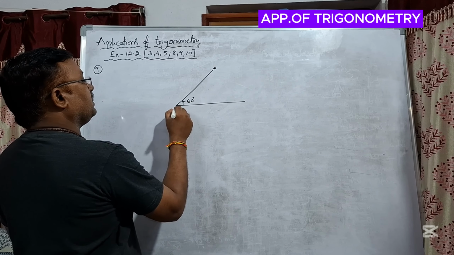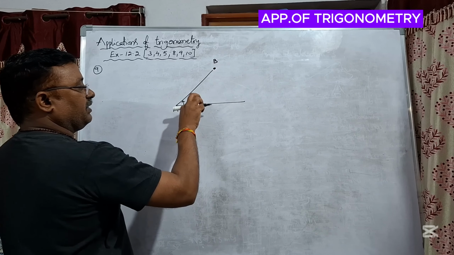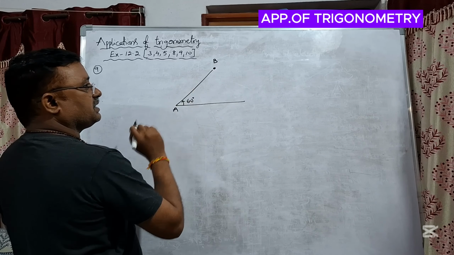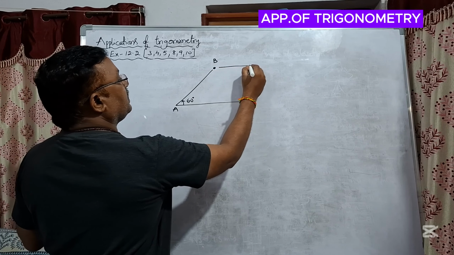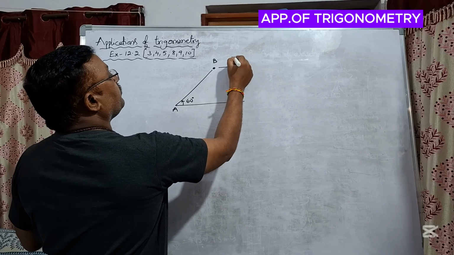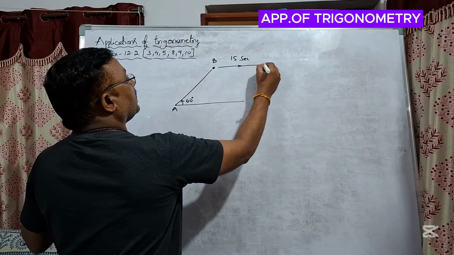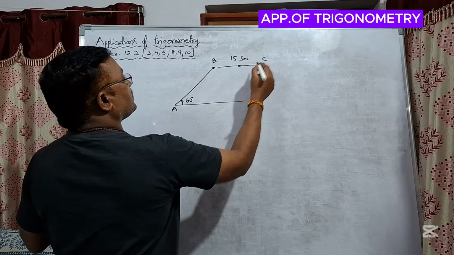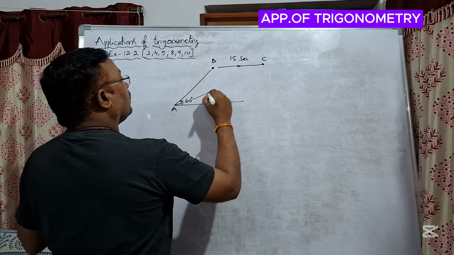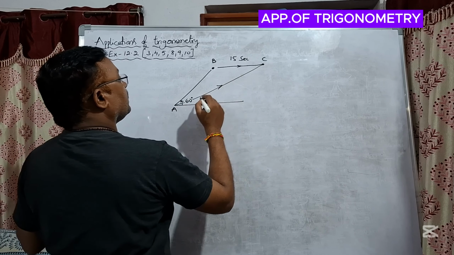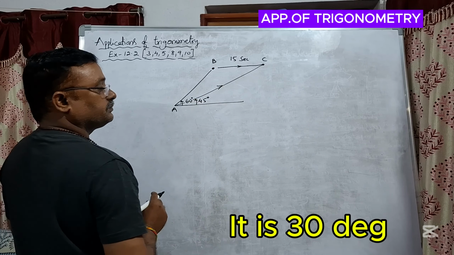Means from a point A to observe the jet B, the angle of elevation from the normal side is 60 degrees. If the jet is flying at a constant height for 15 seconds, it will go to a new position, let it be C. Then the angle of elevation to this new position is 45 degrees.